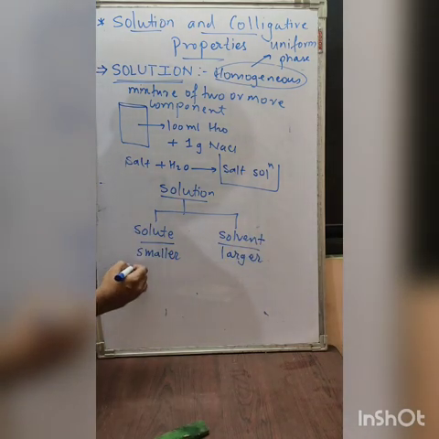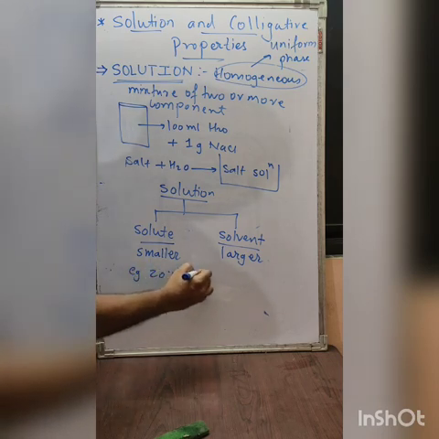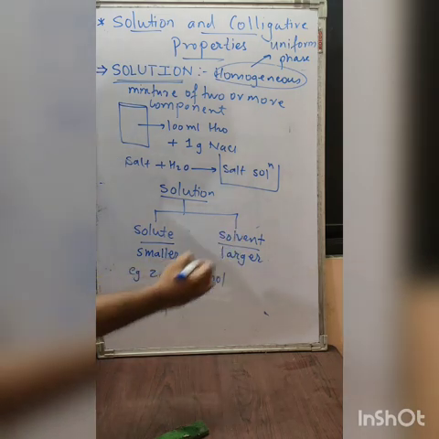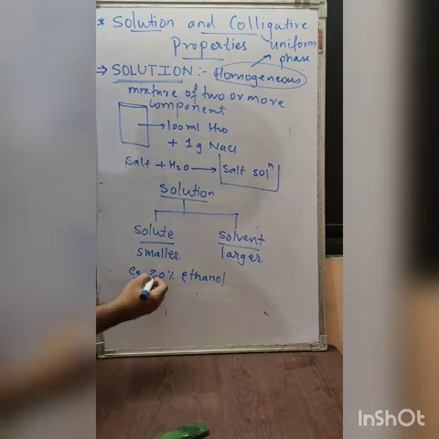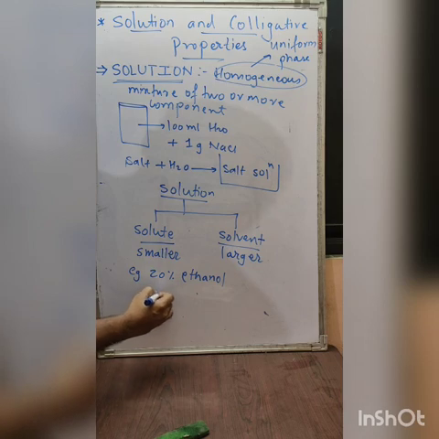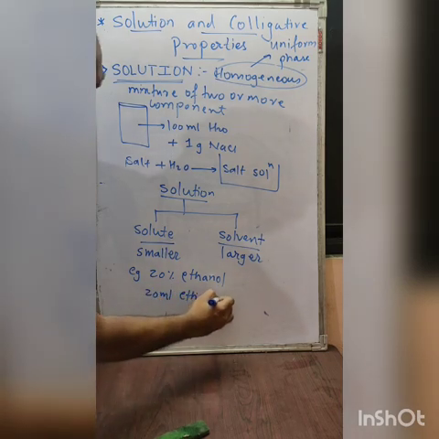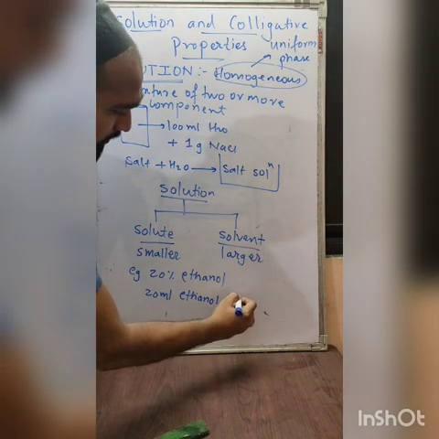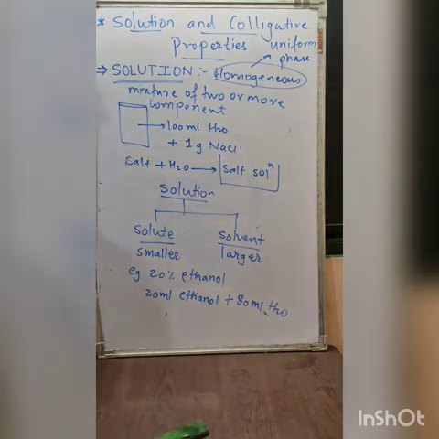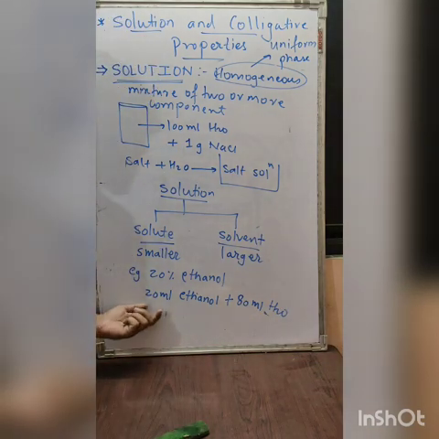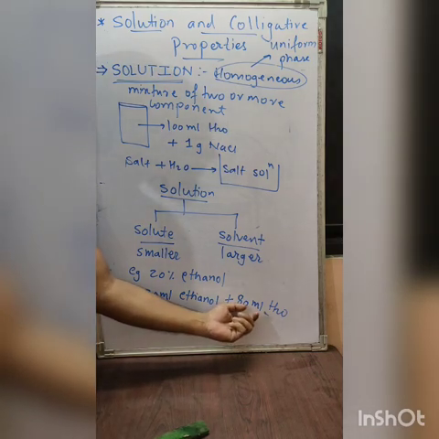For example, if I say I am having a 20% ethanol solution, this 20% ethanol solution is made up of 20 ml of ethanol and 80 ml of water. So here ethanol is in a lesser quantity and water is in a larger quantity.